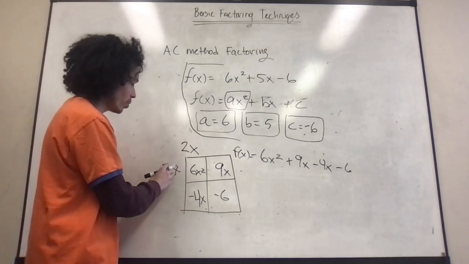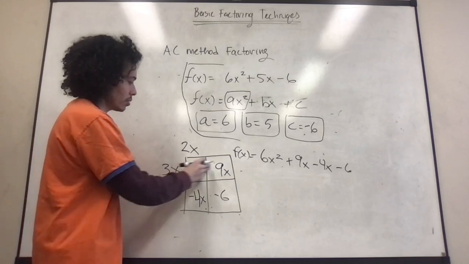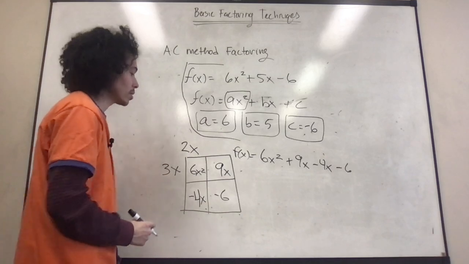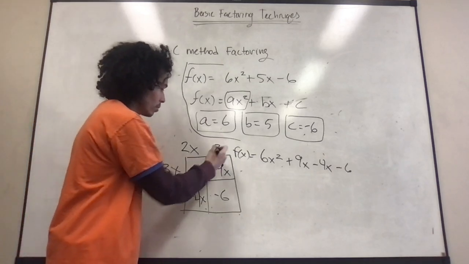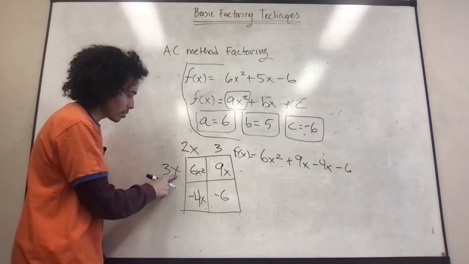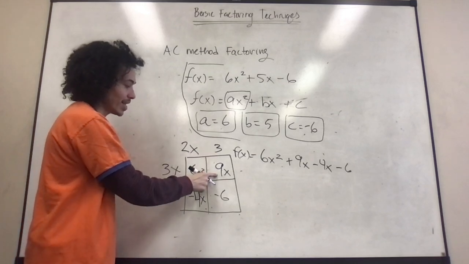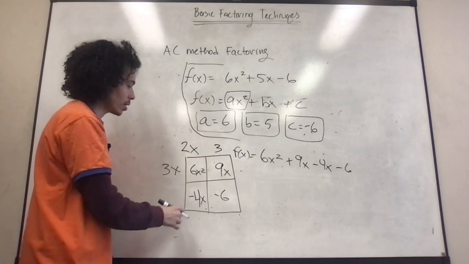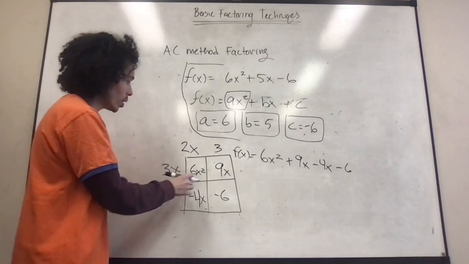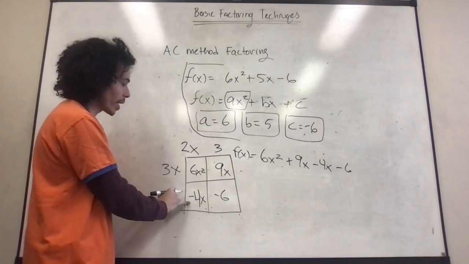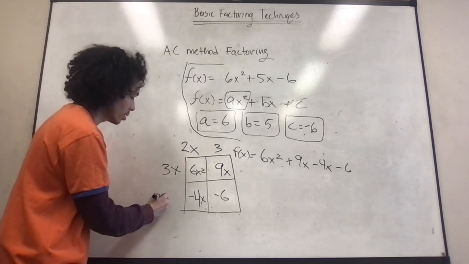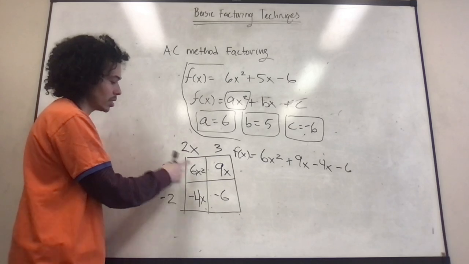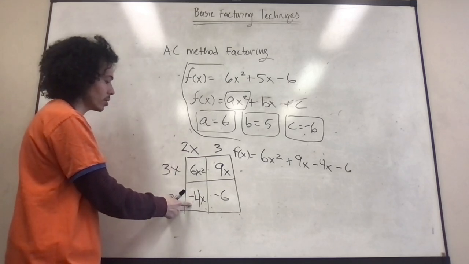Now we have 3x. What times 3x is equal to 9x? Well, 3. 3x times 3 is equal to 9x. And now what times 2x is equal to -4x? You say -2. -2 times 2x is equal to -4x. So let's see.